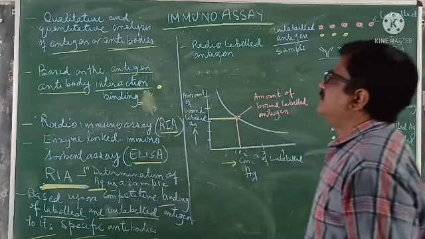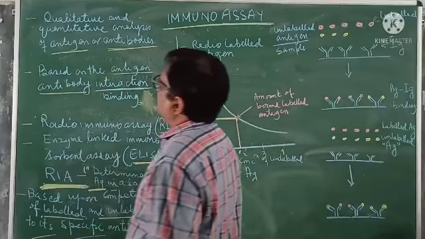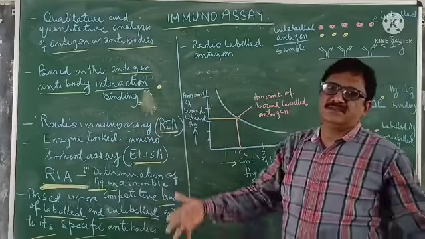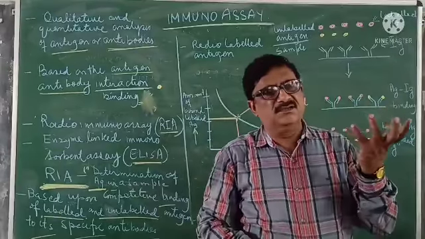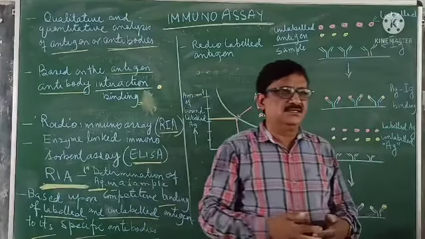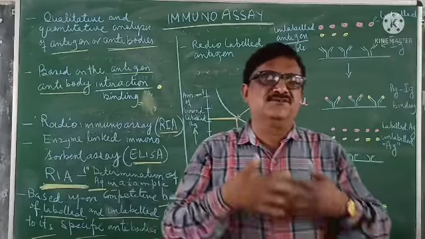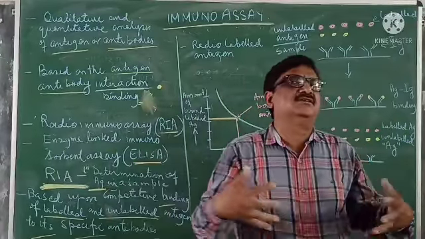Okay, so this is the qualitative and quantitative analysis of antigens or antibodies, and this is based upon the interaction between antigen and antibodies. Whenever an antigen meets its specific antibody, they will bond with each other, forming the antigen-antibody complex, that is known as interaction.